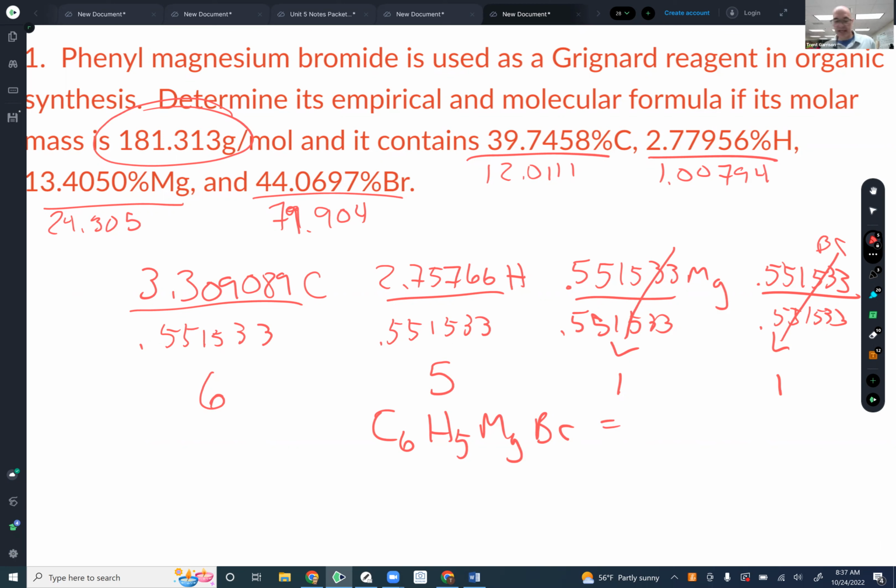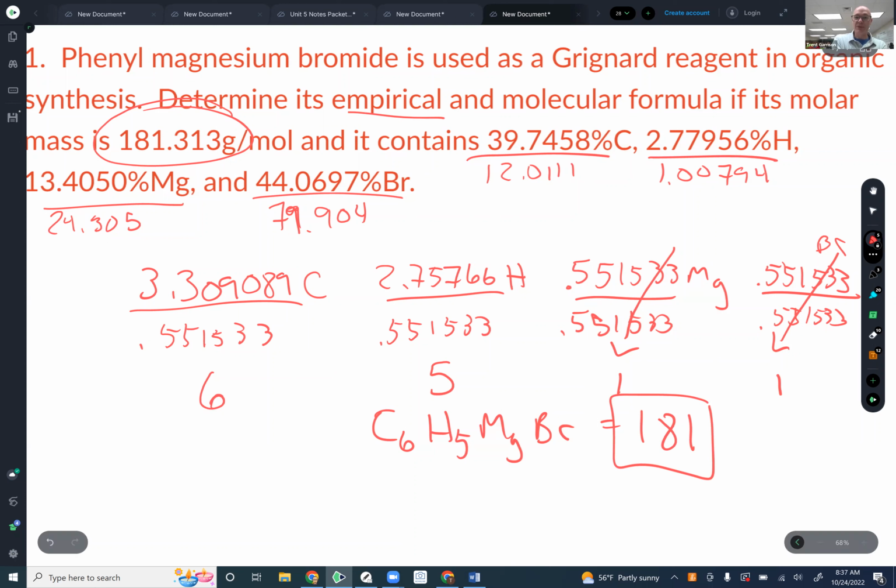So what I did is I added up all of their weights, and coincidentally, it all adds up to be 181. So this is its molar mass as well as its empirical formula. So they are, in fact, going to be one and the same. The molecular formula and empirical formula happen to end up being the exact same thing.